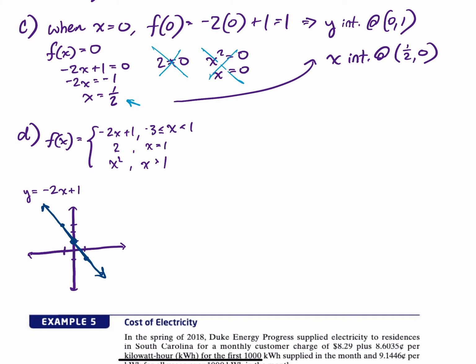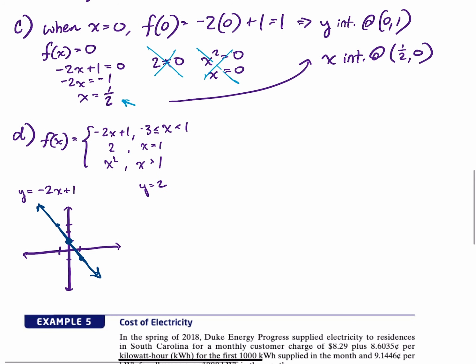Next we have just y equal to 2. Well, that's just a horizontal line going through 2. And then our third condition was x squared. So y equals x squared.